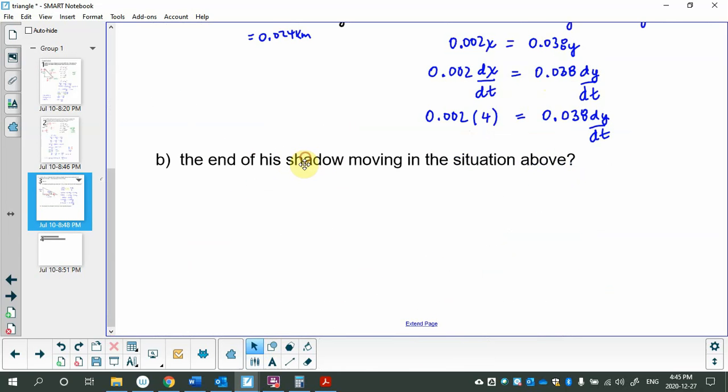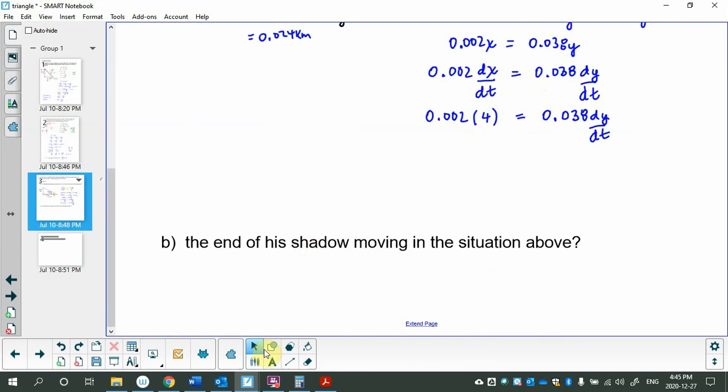So I'm going to do two things at once here. I am going to multiply these two things together, which I think I can handle in my head. And to get dy by dt by itself, I'm going to divide both sides by 0.038.